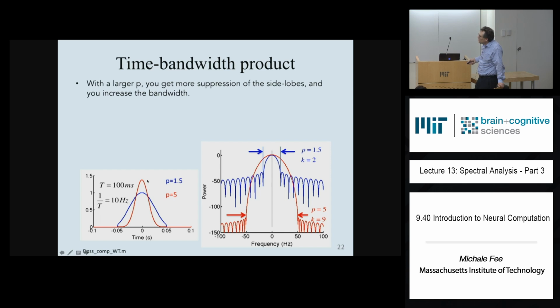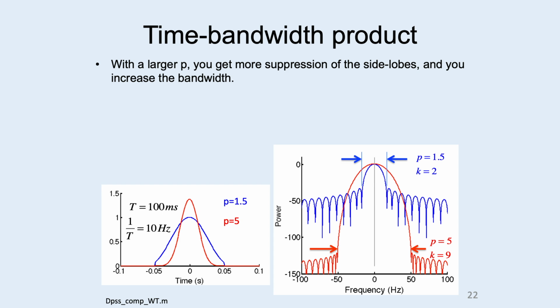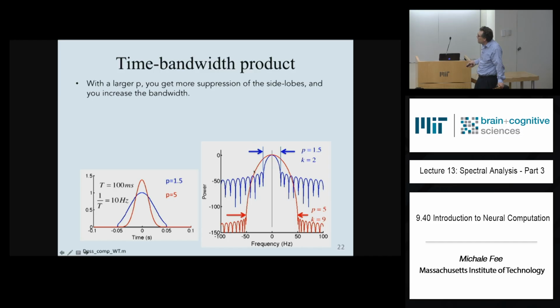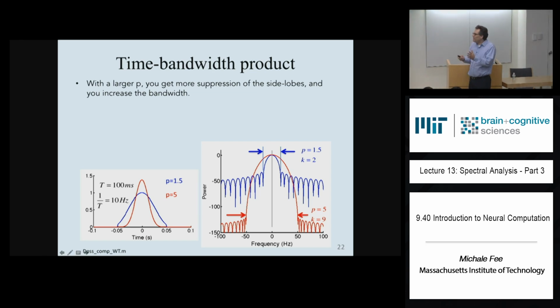If you take the p equals 5 function, a broader bandwidth, it's narrower in time and broader in frequency. Does that make sense? Okay, so p, for a given size time window, tells you how many different samples we're going to take within that time window, okay?